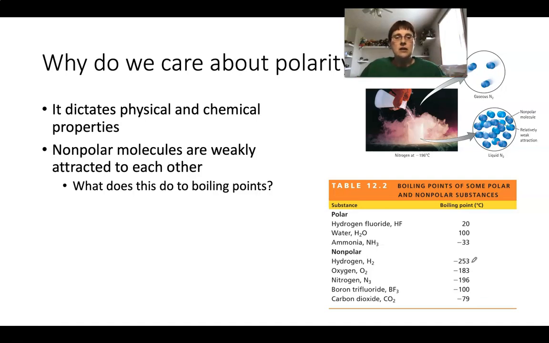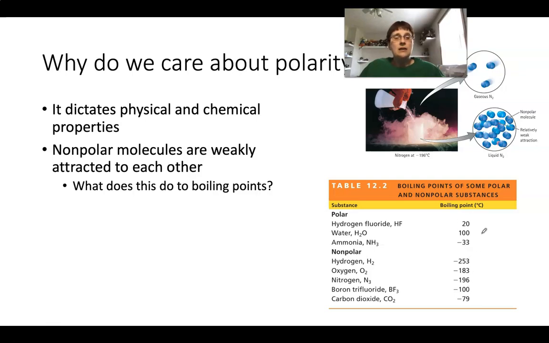The one that is the closest to zero, and this is in Celsius, so 0 is the freezing point of water, is carbon dioxide, and that is dry ice. Even think about dry ice. It's a solid when you pull it out, and it turns immediately into a gas. So this one has a really, really low boiling point.